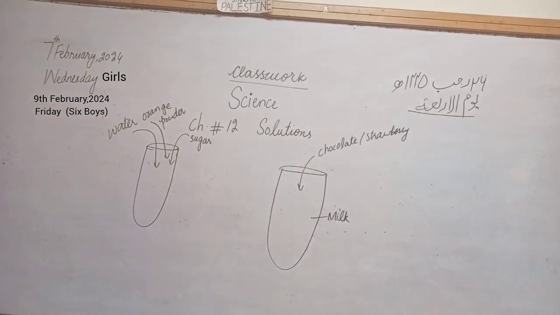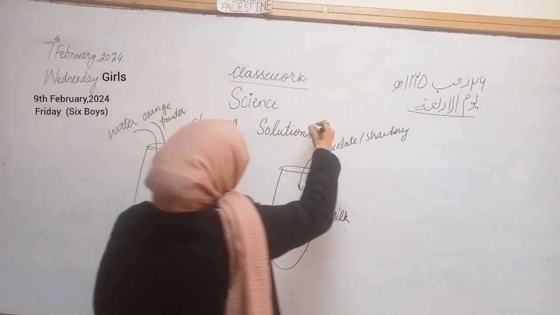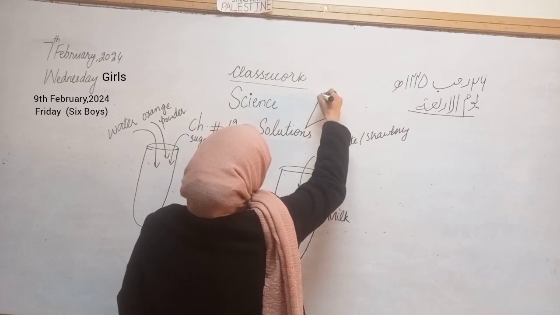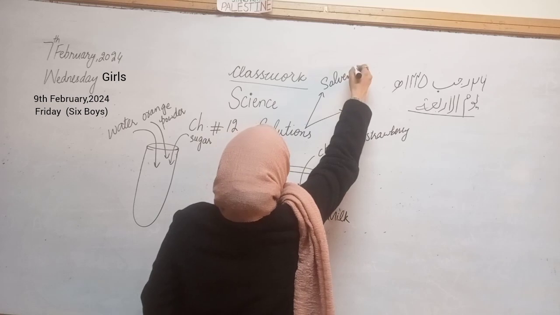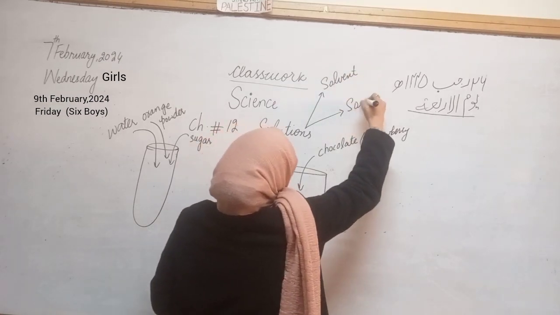These flavored powders, when you will add or mix in milk, you will make solution. Simply the combination or mixture of two components or more than two components. Okay? Solution is the combination of two main components. The first one is solvent and second one is solute.